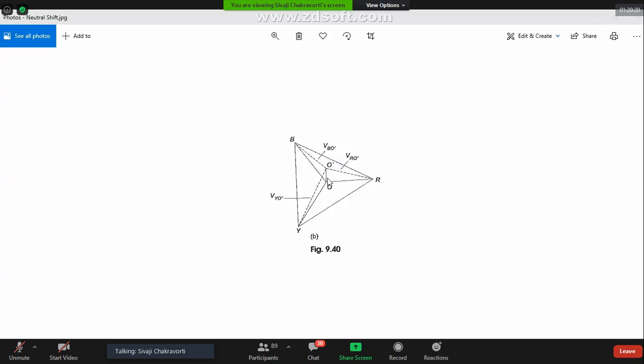So we can plot it, and we find that O prime, that is the neutral of the load, is somewhere here. So then these are the three phase voltages. What has happened here is the neutral has shifted from the centroid of the triangle to somewhere here within the triangle.